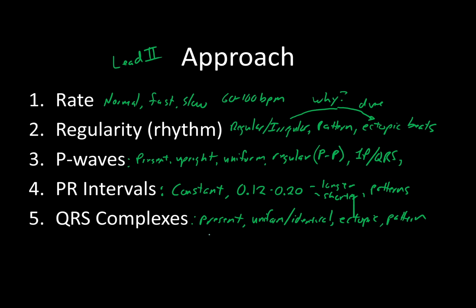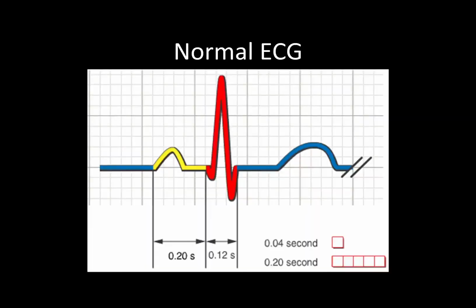And, of course, is it between 0.06 and 0.10 seconds long? If it's any longer than that, well, that means you've got a problem going on there. So that's essentially my approach. So let's just go ahead and practice.